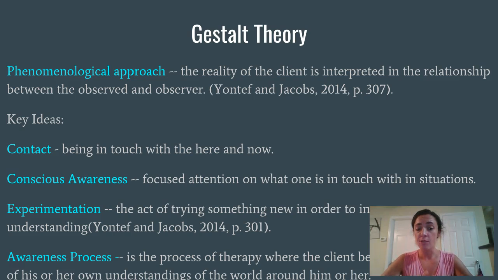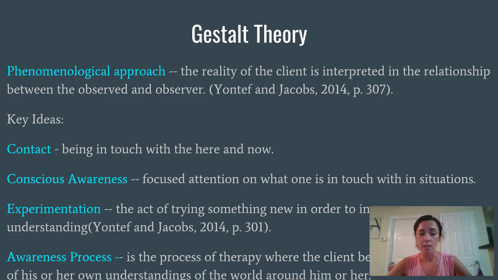Conscious awareness is focused attention on what that person is in touch with in those situations, whether it's their emotions, their physical body, their thought processes, etc. And experimentation is the act of trying something new in order to increase understanding or awareness within the client. One of the pieces of experimentation in Gestalt theory is the empty chair technique, which we'll see in a little bit, and which really helps understand the symbolic interactions between one-on-one individuals.